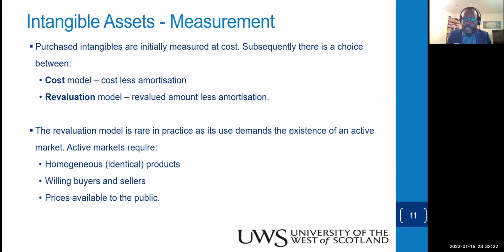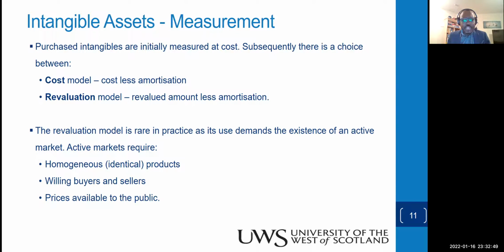If there's any amortization, a reduction in value of the intangible, under the cost model it is the cost that we issued to buy it, minus the amortization, to get the net value. If it's a revaluation, we revalue on the market, looking at market indicators. So the revalued amount minus any amortization.